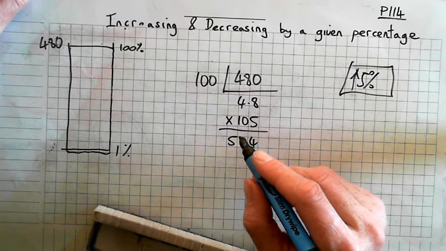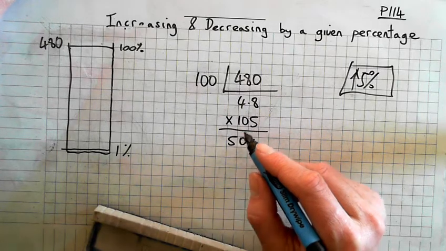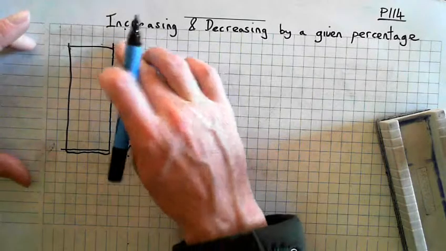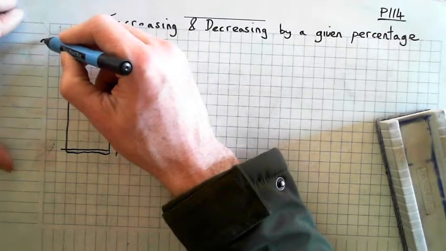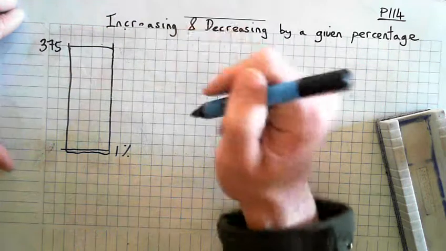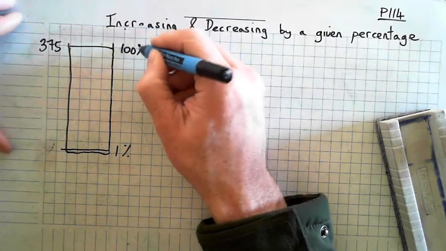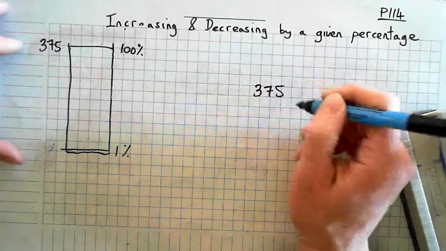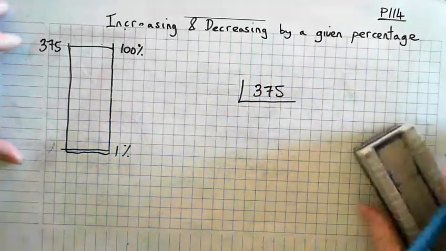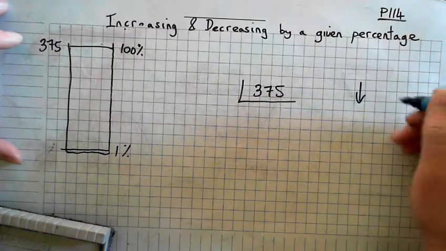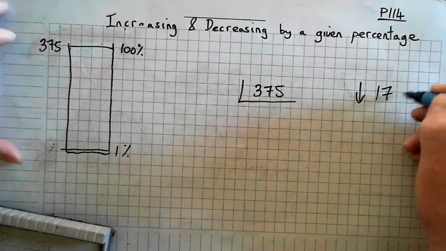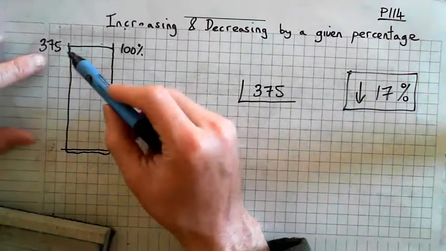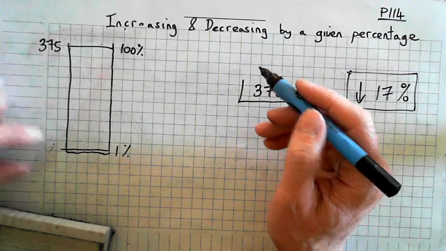Okay, another one. I'll get in a regular one, as you said. I'm just going to make this one up. 375, which is 100%, and I want to decrease by 17%. 375 is 100%, so we break it up into 100 pieces.